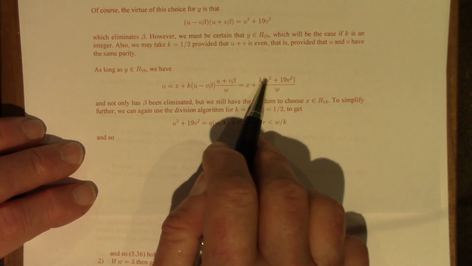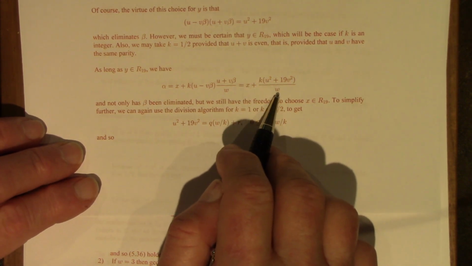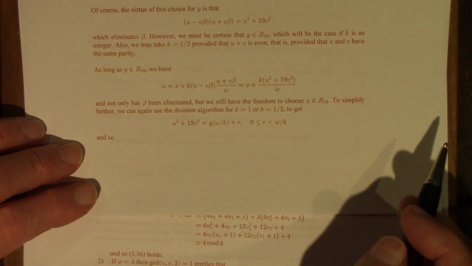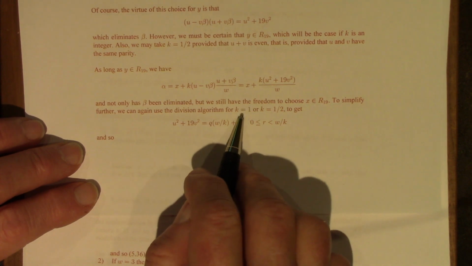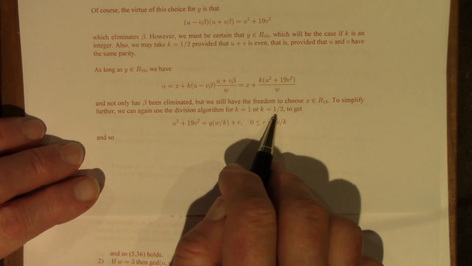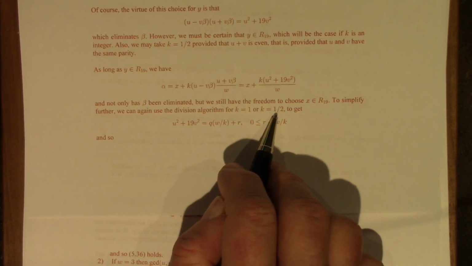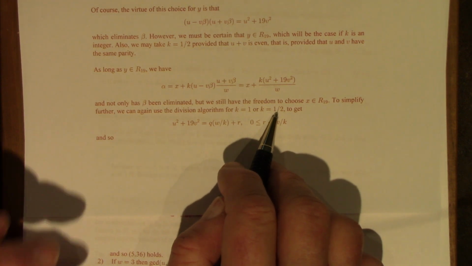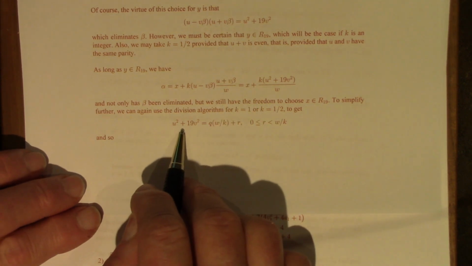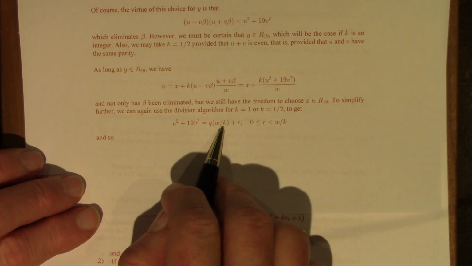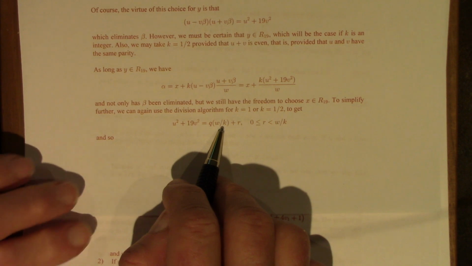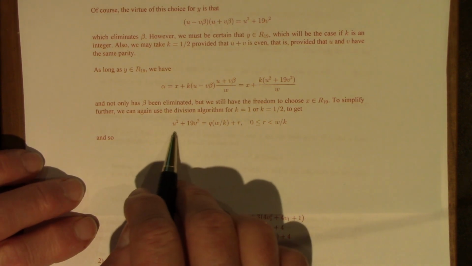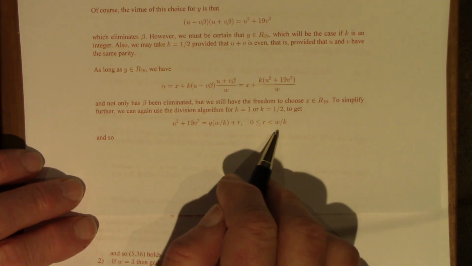We're trying to divide this expression by w. So, the division algorithm. k is going to be 1, or k is going to be 1/2 under the right circumstances that u and v have the same parity. w over k is therefore either w or 2w. So they're integers, division algorithm.